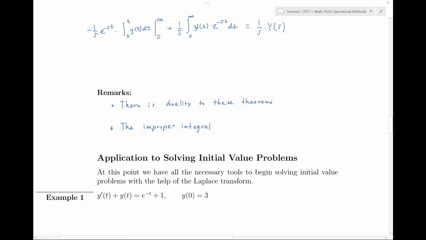And just state that the improper integrals for the Laplace transform of y and Laplace transform of y prime are assumed to be convergent and existing.